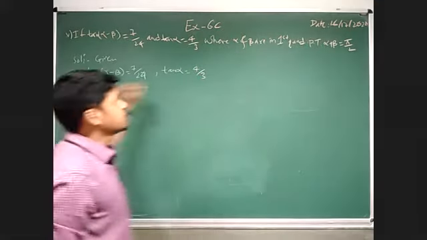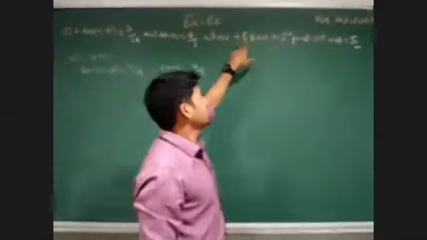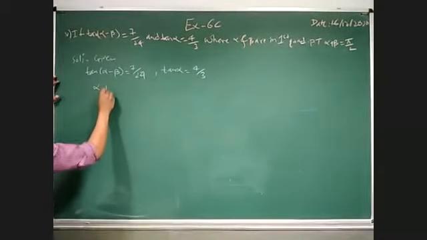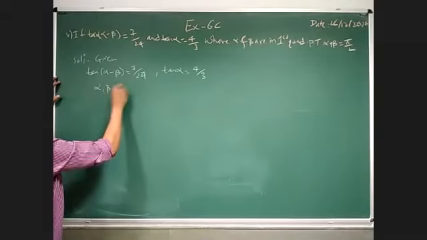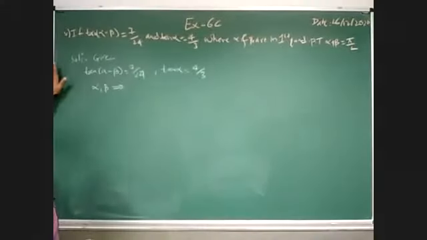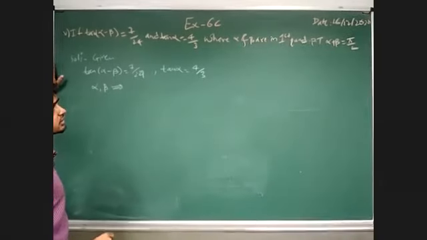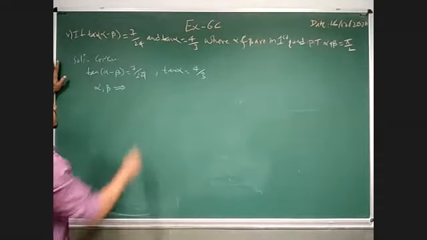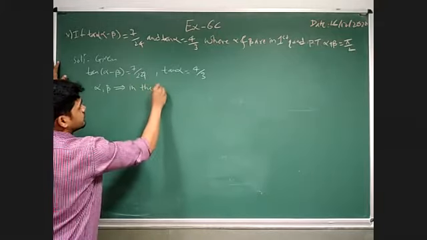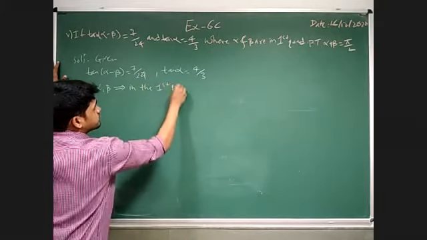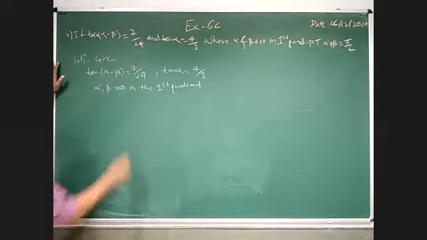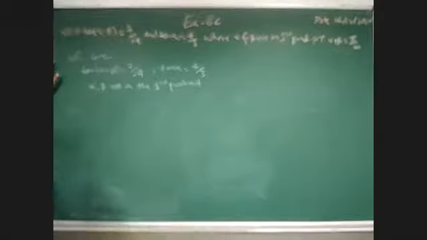And here the condition is given, alpha and beta are in the first quadrant. Now we have to find alpha plus beta.